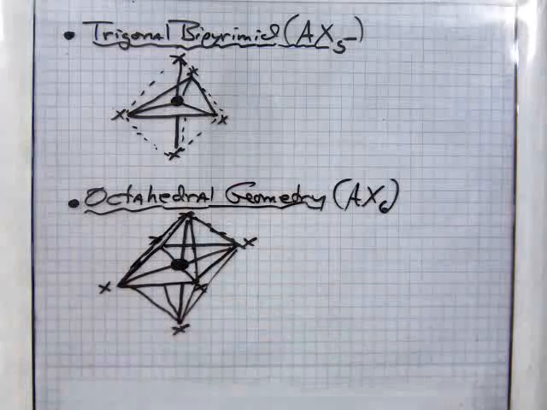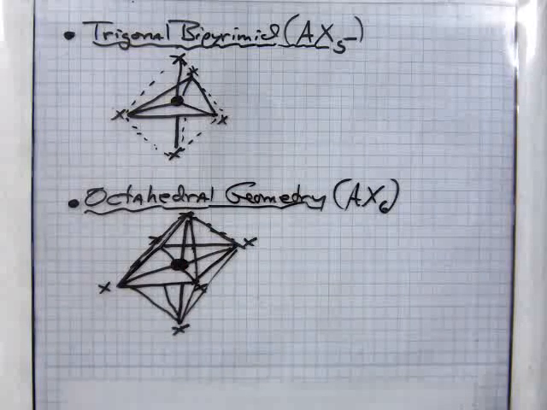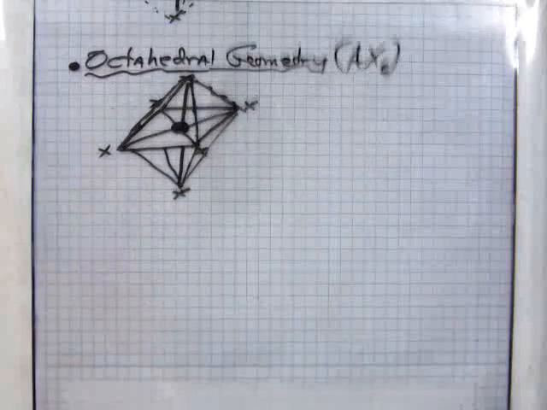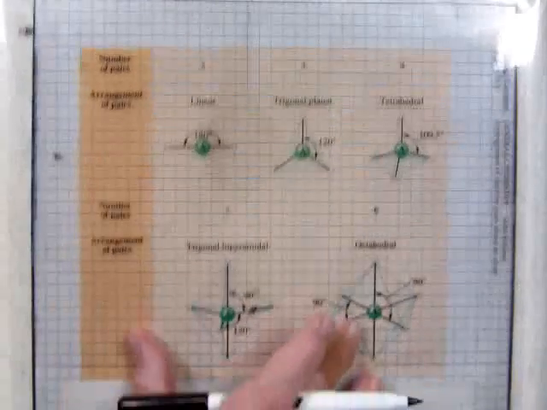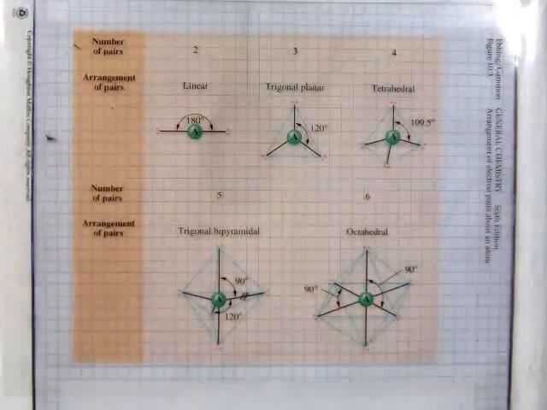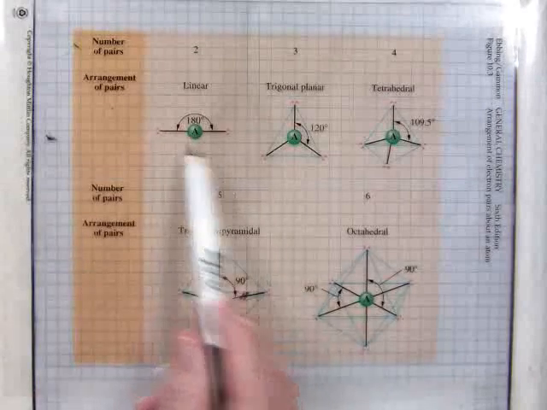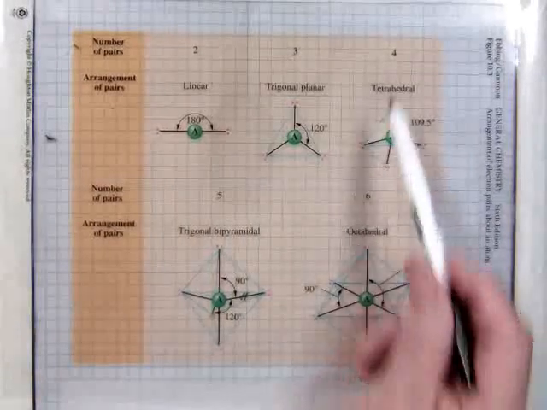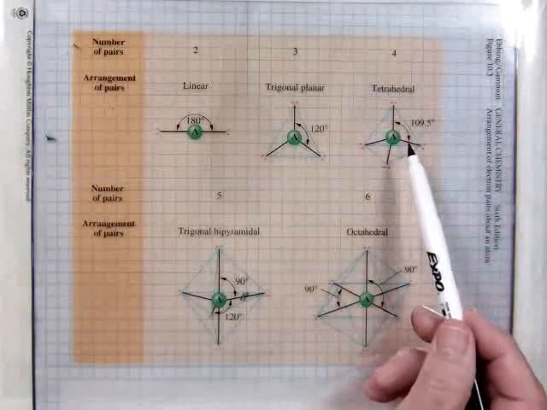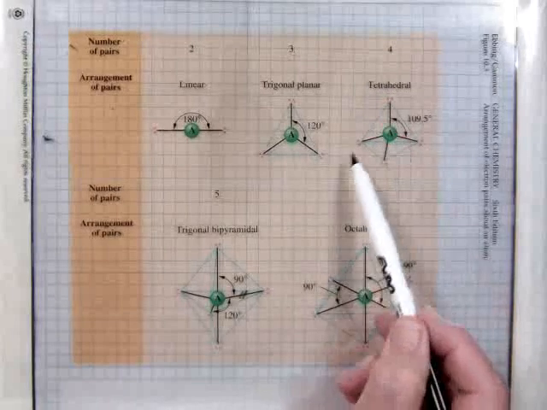So I've got some graphics that are a little more visual. Hopefully they're a little bit better for each of you. Here shows how the pairs arrange themselves in space to minimize that repulsion energy. 180 degrees, and this one, there's 120. When you get to the tetrahedral, learn 109.5 degrees if all the attachments are the same.